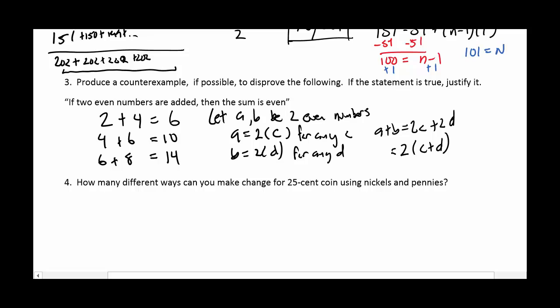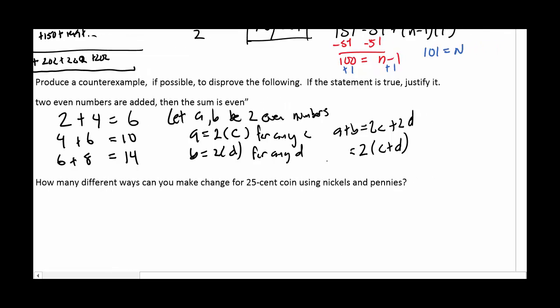I've shown that if you in fact add two even numbers together, you're always going to get an even result, that it's always going to be some factor of 2. Okay, so I'll end this with, what do we notice about this? So therefore, any sum of even numbers will be even.